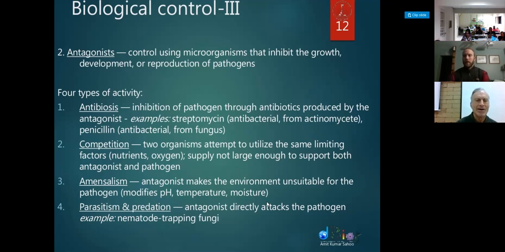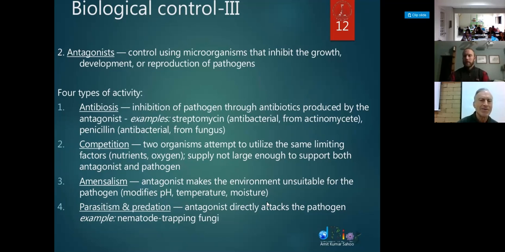Penicillin is produced by a fungus, and that's used to kill bacterial infections. The fungus that produces penicillin occurs naturally in the soil.